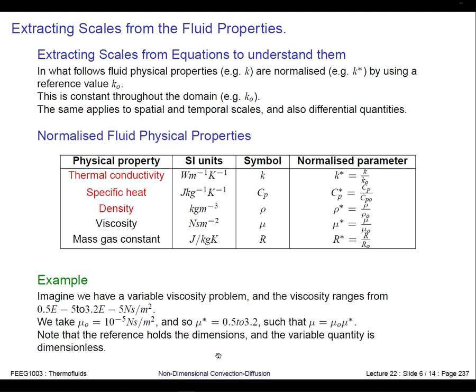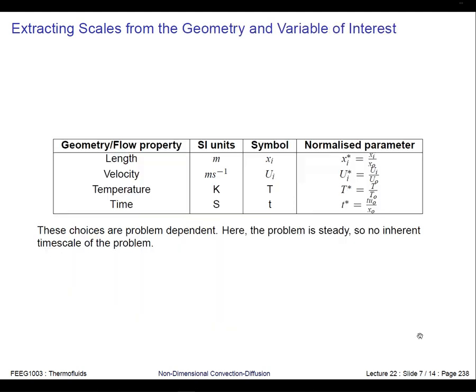Okay, and the key point to remember is that this term, the reference scale, holds all the dimensions, and this thing is dimensionless, and we try and make it about 1, more or less. And we also apply this to the length and time scales and the variable of interest. So in this particular problem, our variable of interest is temperature.